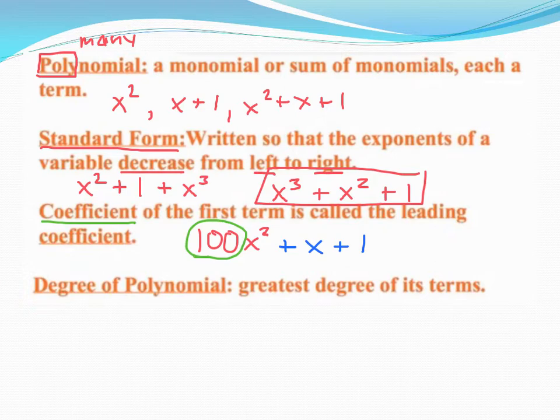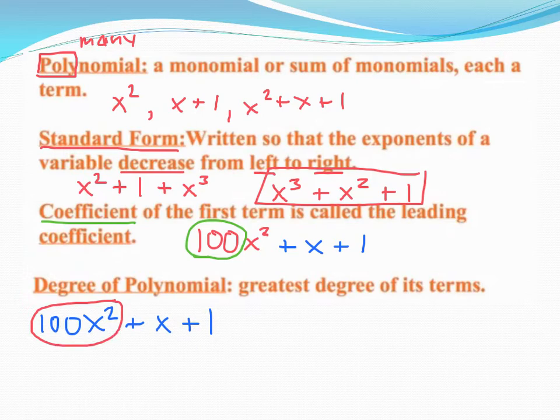So if I take a look at the example we just had, 100x squared plus x plus 1, and I look at the degree of the polynomial, I'm not going to do what I did in the last example for a monomial. I'm not going to add the exponents together. But the degree of this polynomial is going to be represented by the leading term. So what is the leading term? That's going to be 100x squared.